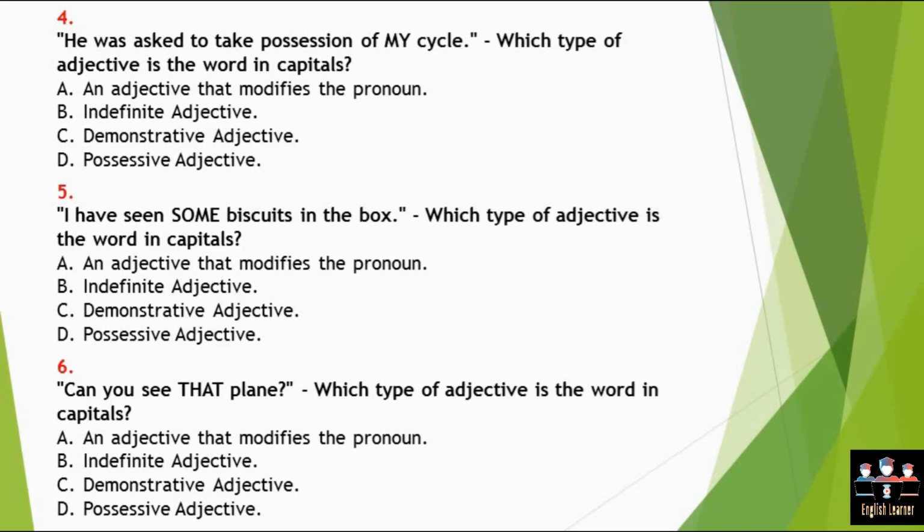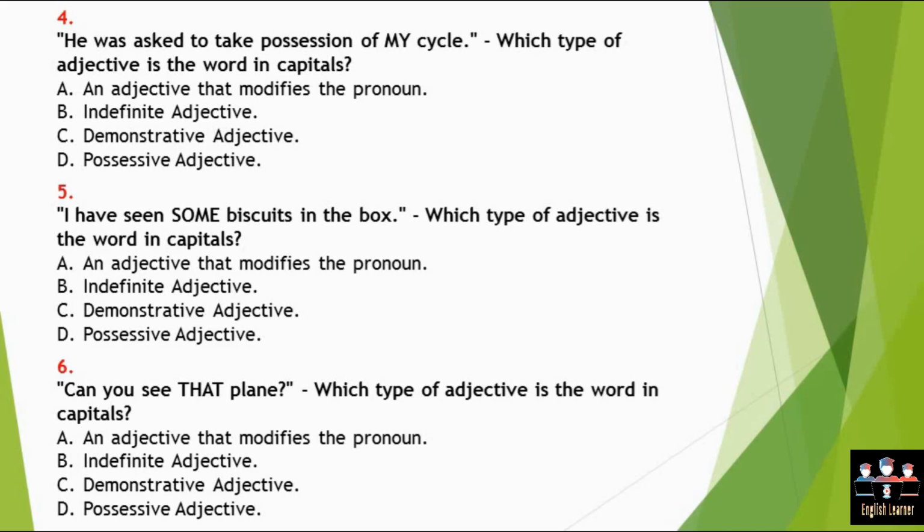Number 5. I have seen some biscuits in the box. Which type of adjective is the word in capitals? A. An adjective that modifies the pronoun. B. Indefinite adjective. C. Demonstrative adjective. D. Possessive adjective.